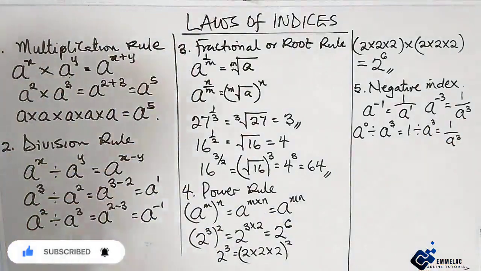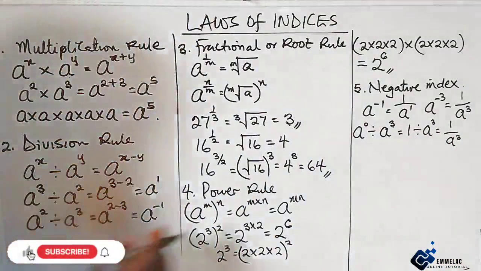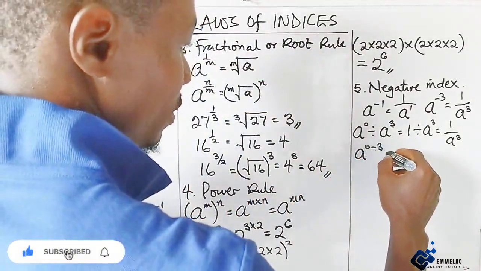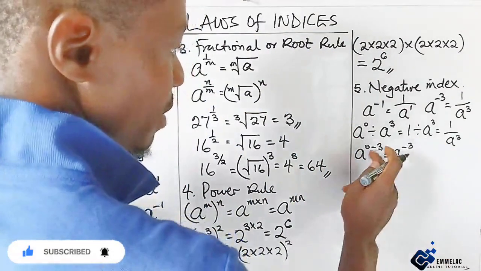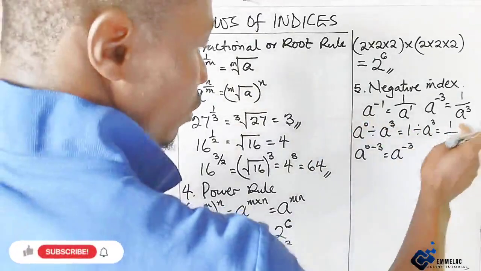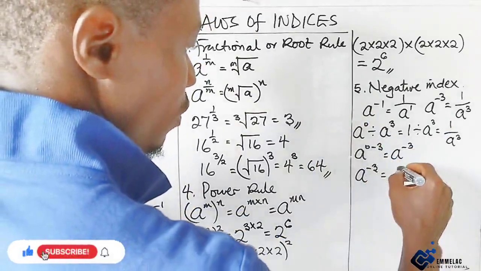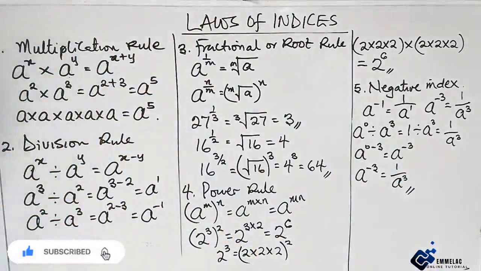Following the law of division, we can say this is a raised to the power of 0 minus 3, which is the same as a raised to the power of minus 3. So if this equals this and this equals this, we can say that a raised to the power of minus 3 equals 1 over a raised to the power 3.